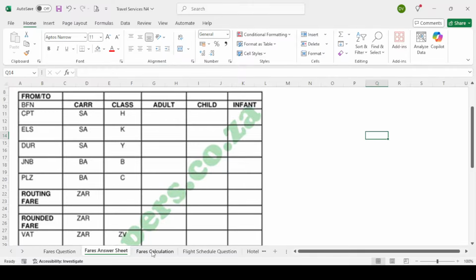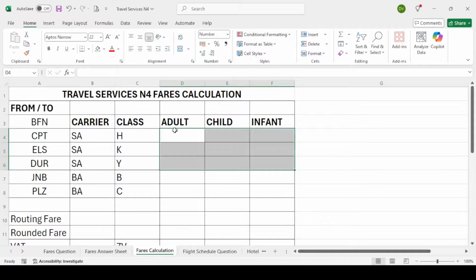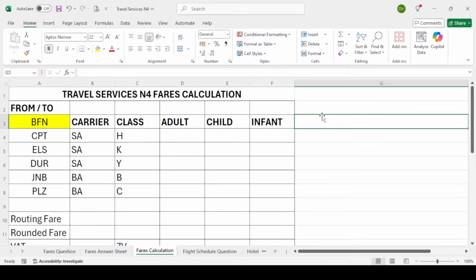Then there's something very important you need to remember. If they leave it blank and you have to fill in the routes, it's important that you start with your first city. In this case, it's Bloemfontein. I'm just going to make it yellow. You have to start with your first city right at the top in the same line as carrier, class, adult, child, and infant.